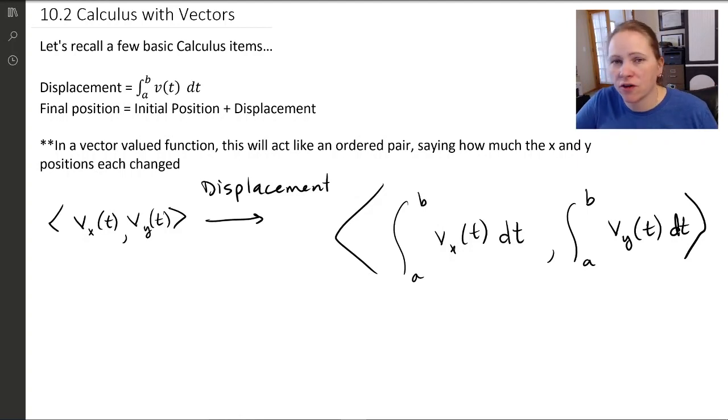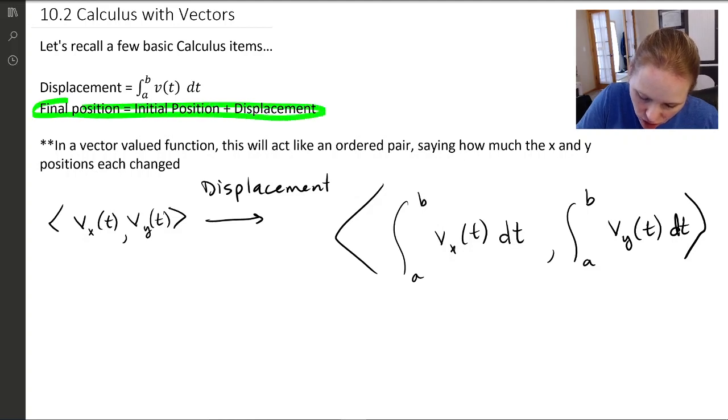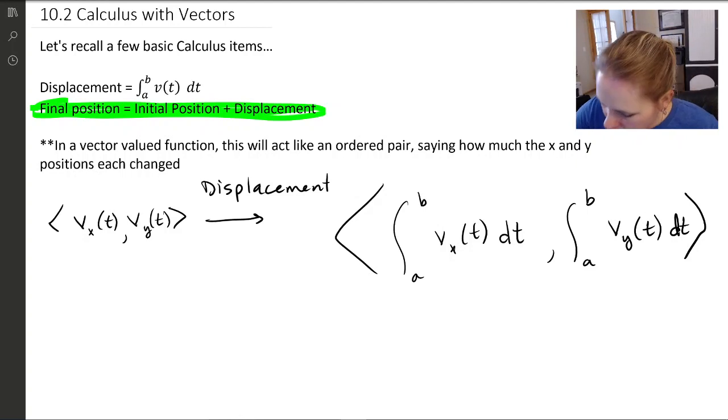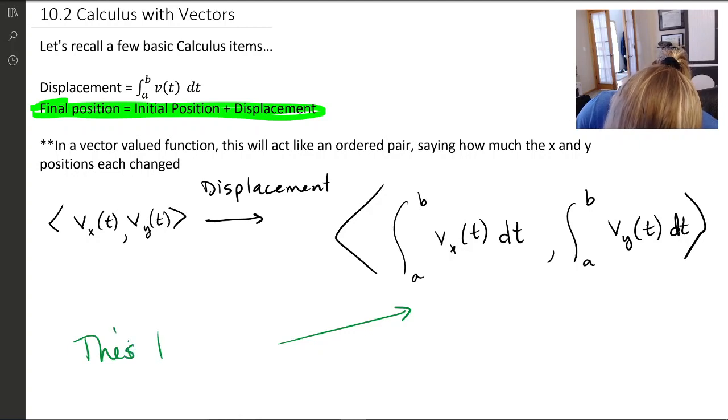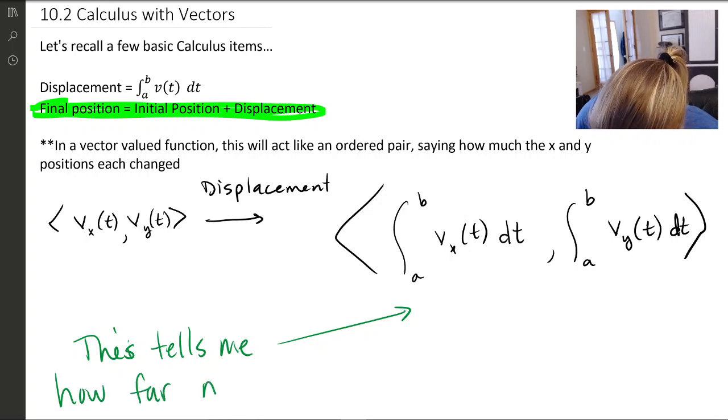Now, if I wanted to find the final position, I would take this integral and I would add it to my initial position. So this particular rule still applies. This is just how far my particle has moved. This tells me how far my object moved.